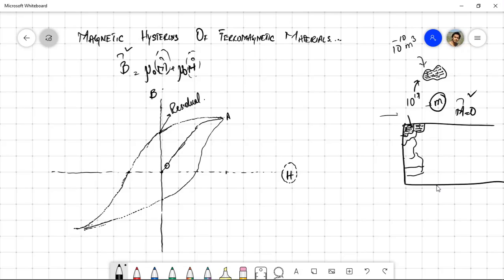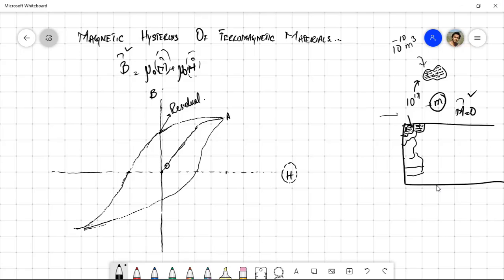None of them was lagging behind. Once this saturation region started, the B starts to lag behind. After that, when we started to decrease the value of H, the value of B was lagging once again. It was not decreasing the same way in which the value of H was decreasing. When the value of H was 0, B still had some values.